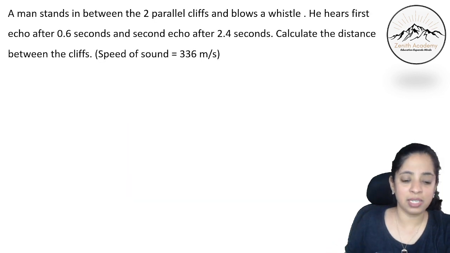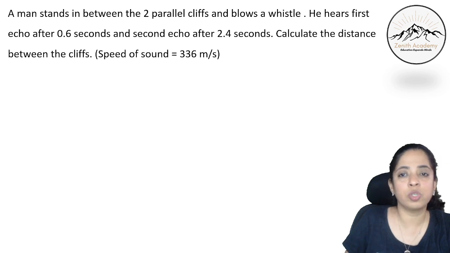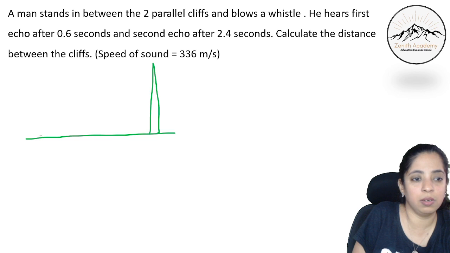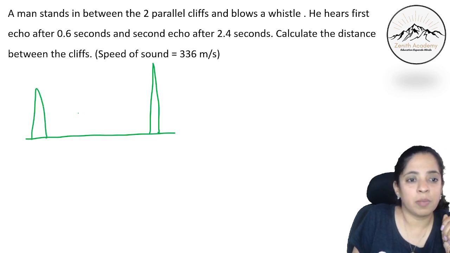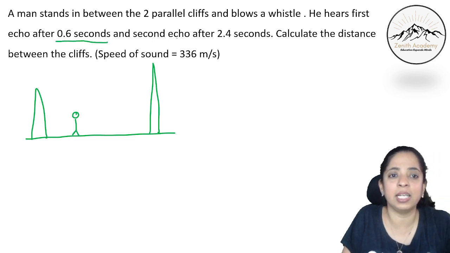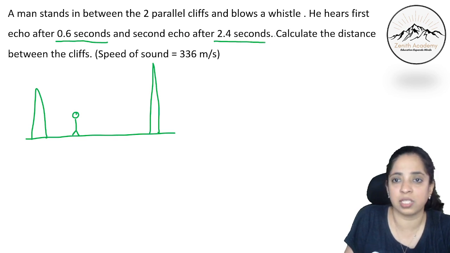A man stands in between two parallel cliffs and blows a whistle. So there are two parallel cliffs. He is blowing a whistle. Now suppose the man is standing here. So he hears the first echo after 0.6 seconds and the second echo after 2.4 seconds.